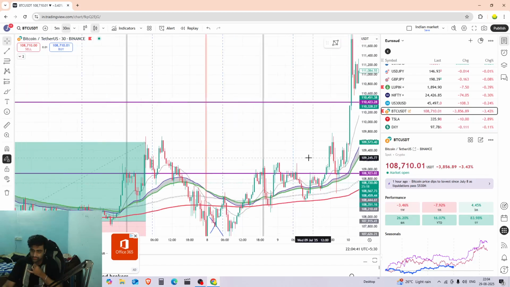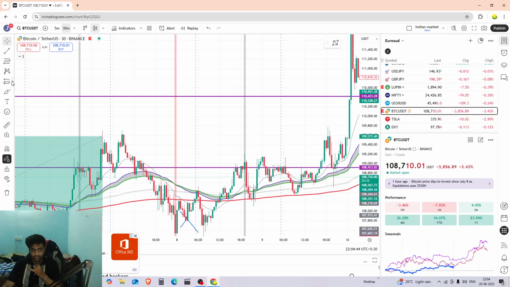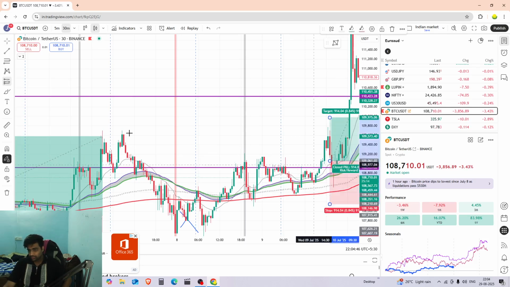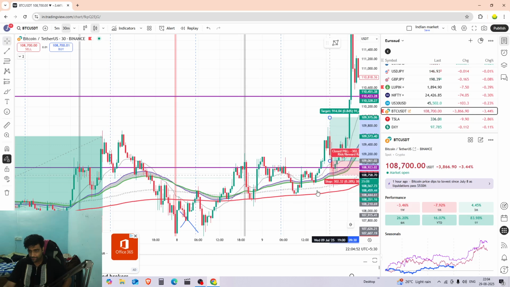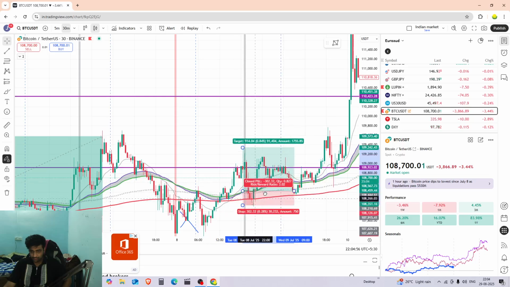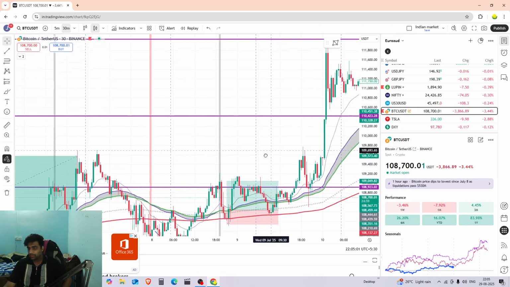You see this, even this is a very good setup. This is called first bounce. In this case it happened here. This was the first bounce.